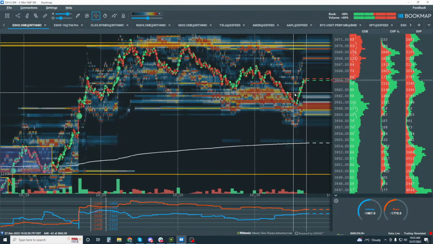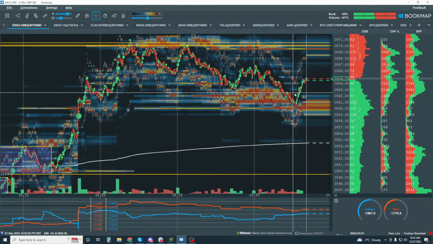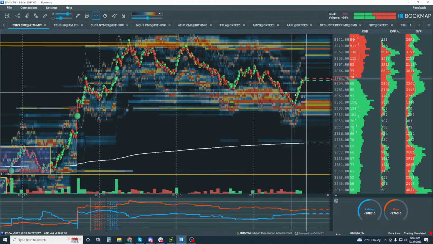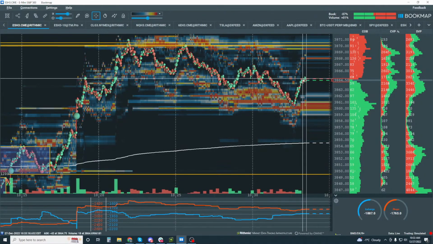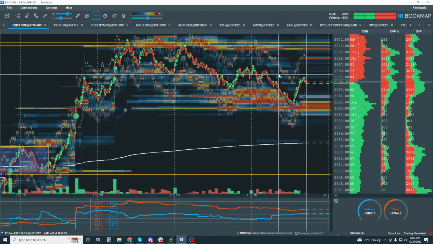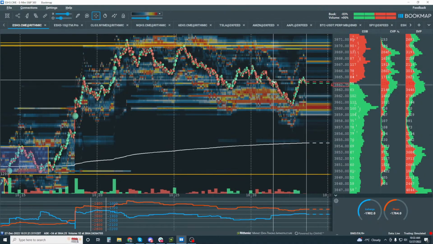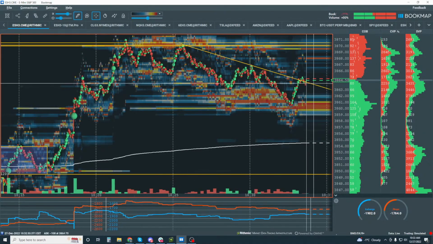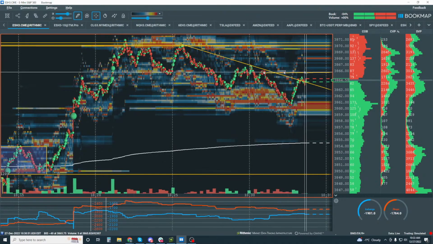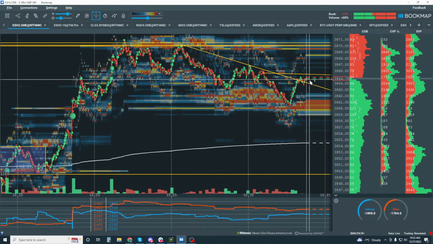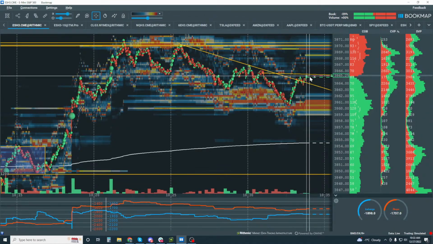All right, now let's go back and now we kind of have to refresh the scenarios again. So scenario on the pullback, it could still pull back some more. Let's just look at the technicals. Okay, so we have kind of a trend line. We have an area here where price dropped and the sellers came in. So maybe we'll find more sellers.